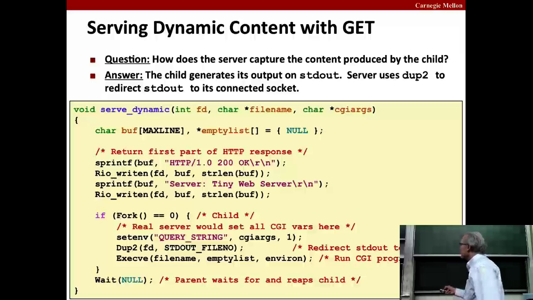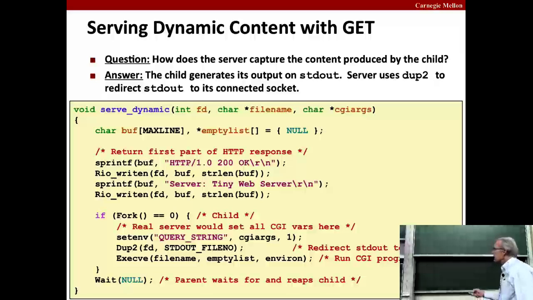And then call exec, which, as you know, is the way you take this program, which is just given by a file name, and fire it up and get it going with that defined environment value. And then the parent will just wait until the child completes.